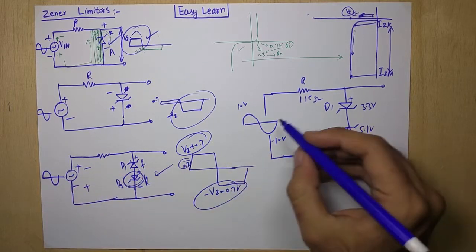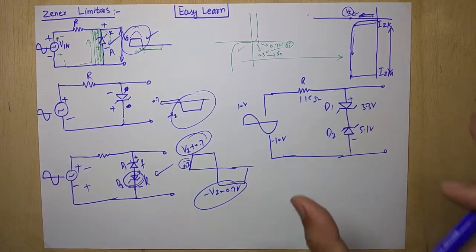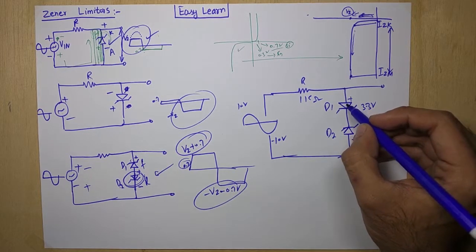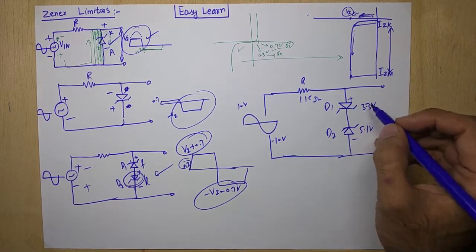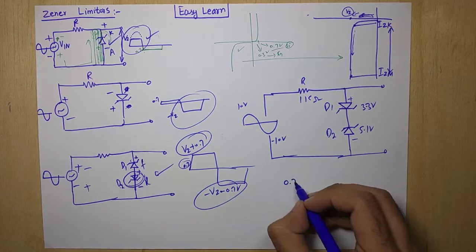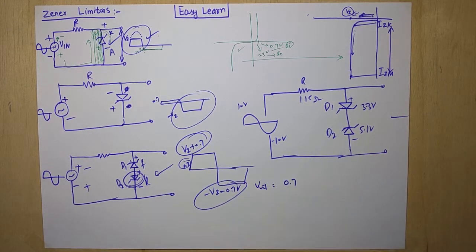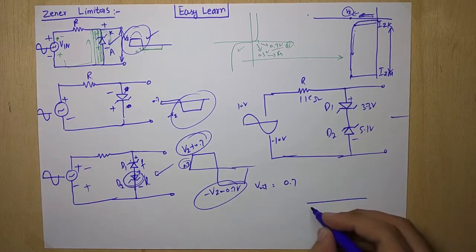Again the same thing, I am repeating the whole process once again. I will summarize the concept here. When the positive reaches here, this diode will be in forward bias state, so approximately 0.7 volt is dropped and we will receive the output Vout. This is what we receive at the output. 0.7 volt is reached in the output.